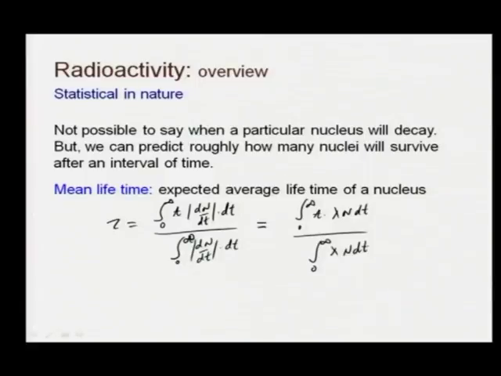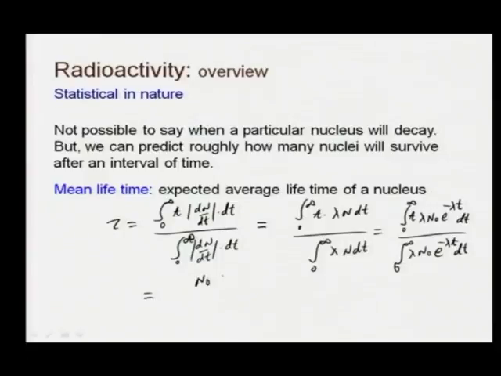This is equal to the integral from 0 to infinity of t times lambda N at time t, which is nothing but N_0 times exponential minus lambda t, the exponential law, into dt, divided by the integral from 0 to infinity of lambda N_0 e power minus lambda t dt. If you do the integration, we will leave it as an exercise for you.